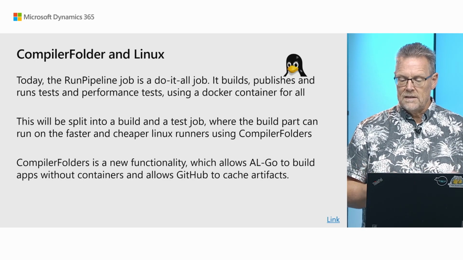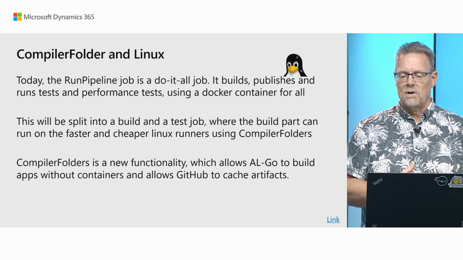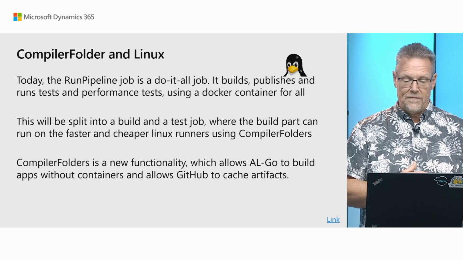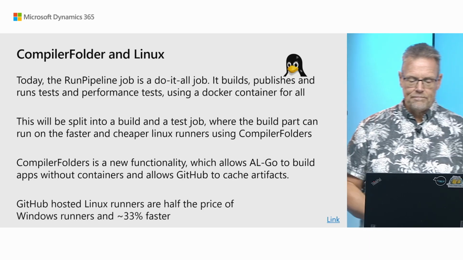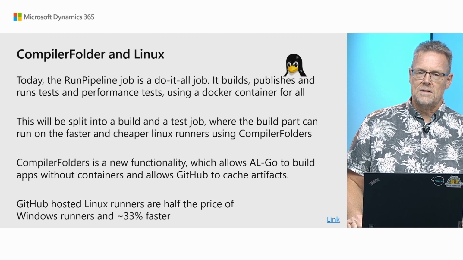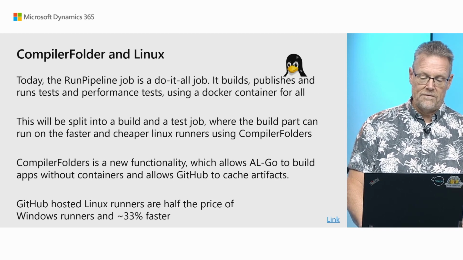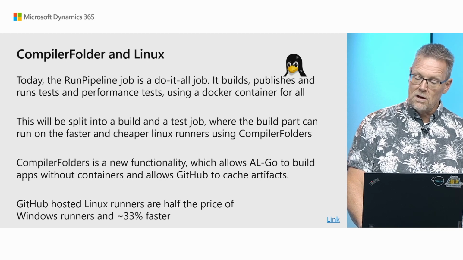That's a new functionality that allows AL-Go to build apps without containers and allows GitHub to cache artifacts. GitHub-hosted Linux runners are half the price, and they are approximately 33% faster than the Windows runners. So there's a lot to gain.